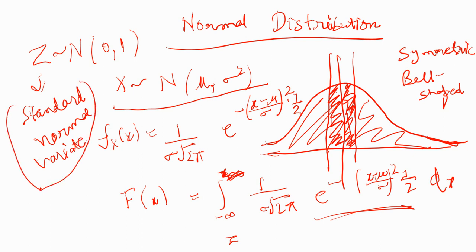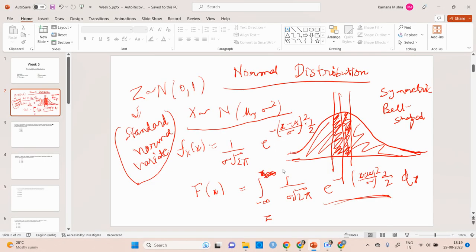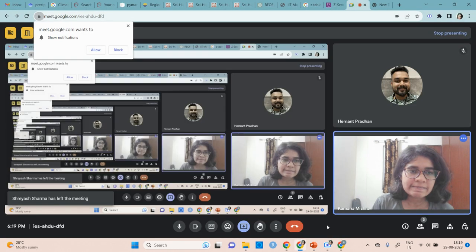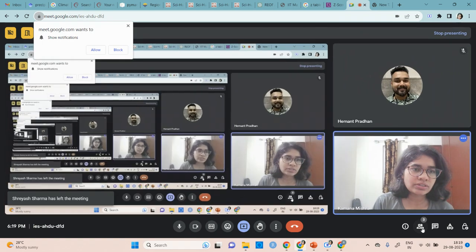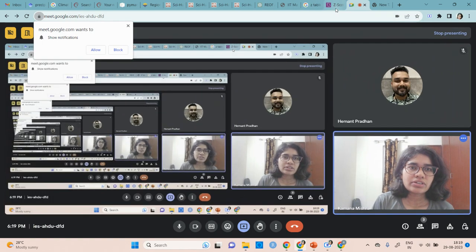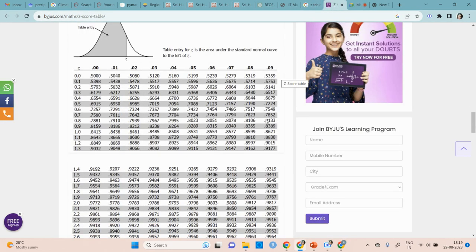So now why do we use this? Do you have any idea what this table is? Or have you ever seen this before? Z table?